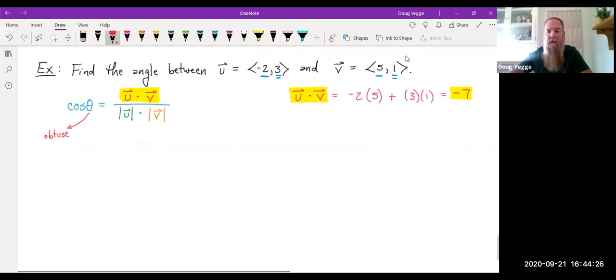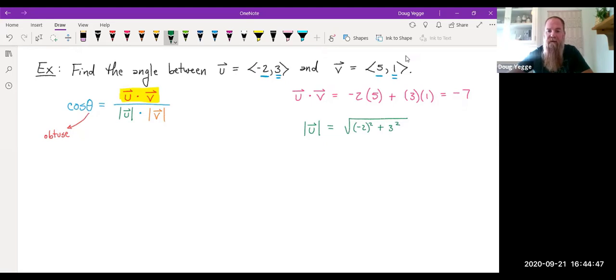So while we're at it, we need to make sure that we're finding the magnitudes of each of these quantities. So let's find the magnitude of u. Now remember, the magnitude of u is nothing more than the square root of negative 2 squared plus 3 squared.